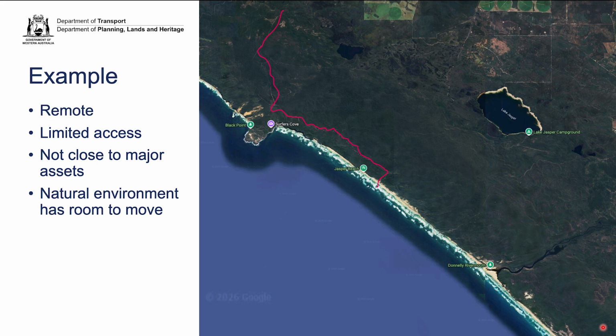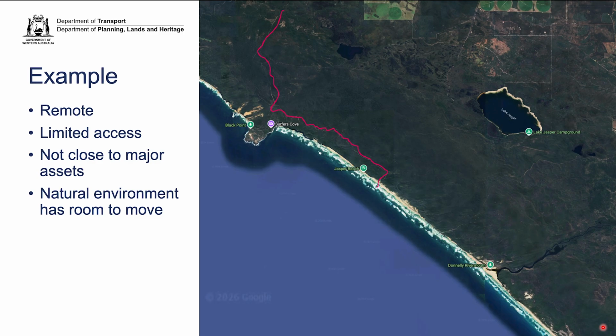The natural environment has plenty of room to move, and it's simply a spot where a small number of people will visit, and it's unlikely that large assets of value will be impacted by erosion over several hundreds of years, I would think, in this location.